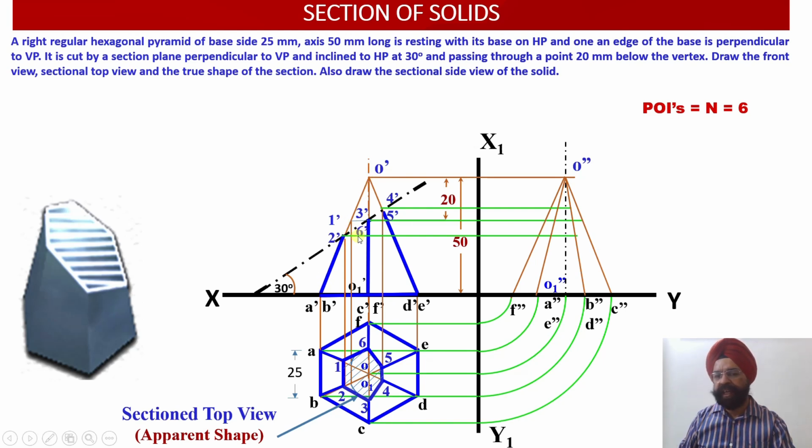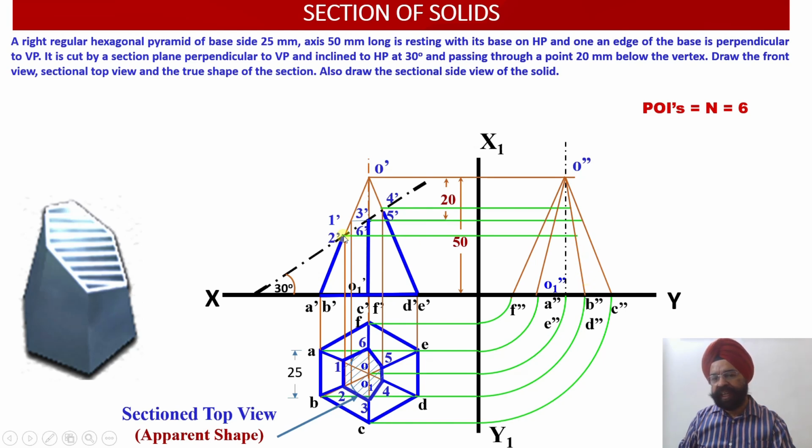So let me take it here. I am drawing the horizontal projection from here. So where does A and B lie? I am talking about A and B. Where does A lie? A lies here. So my slant generator in the side view is O double dash, A double dash. My slant generator corresponding to B lies here, O double dash, B double dash.